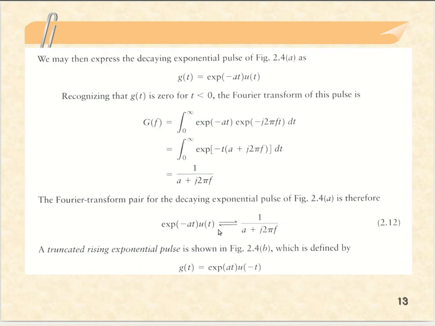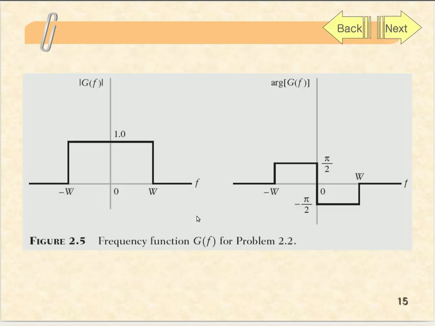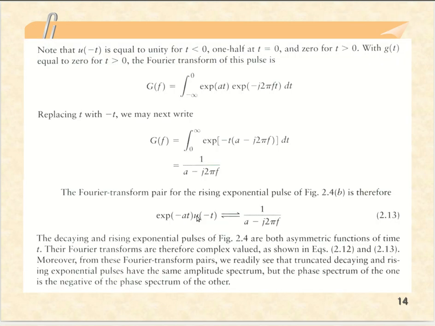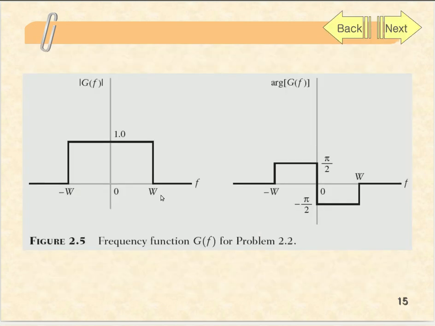You see, this is the difference. The only difference is the plus or minus. Now this is the function here. This one you take from minus w to w, and here is the phase, or argument of the phase, of this signal.